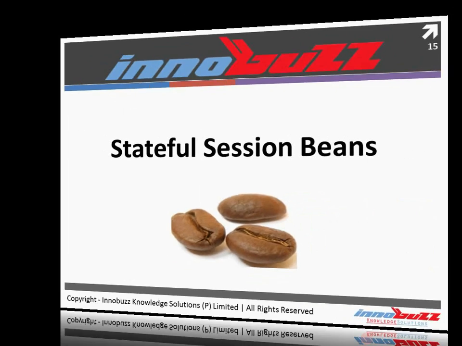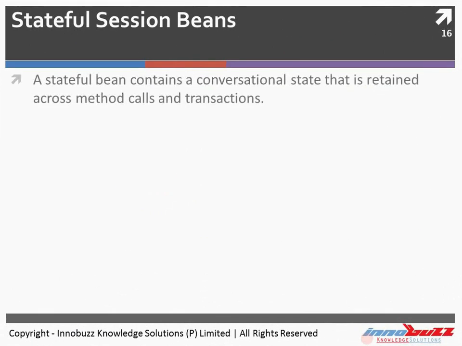Stateful session beans. A stateful session bean contains a conversational state that is retained across method calls and transactions. Therefore, it maintains the state of the client connected with the server. So there is a session between client and server which maintains the state that is retained across any number of calls and transactions done between client and server.